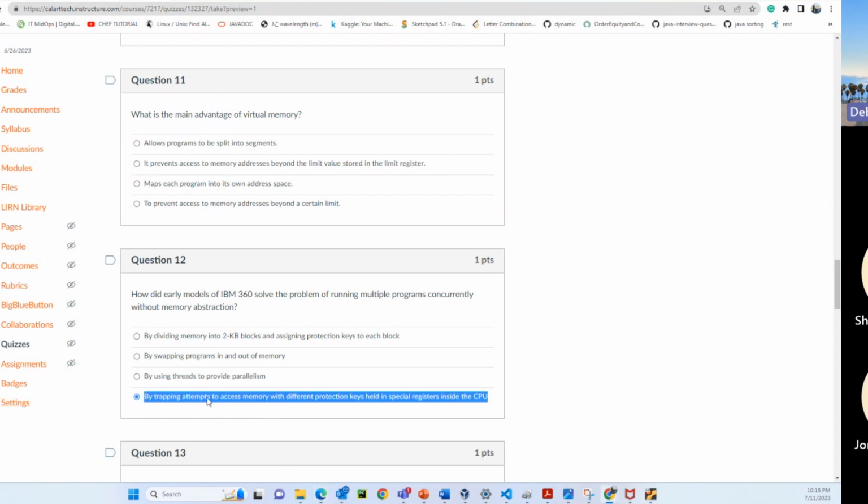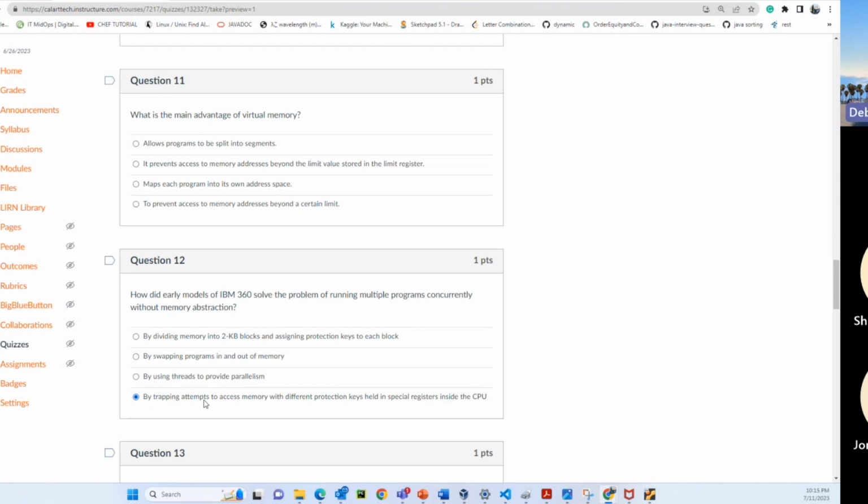So basically this is the answer. That's what we actually discussed in the first part of yesterday's lecture. They created a diagram and showed the importance of the protection keys. That is the most important thing there.